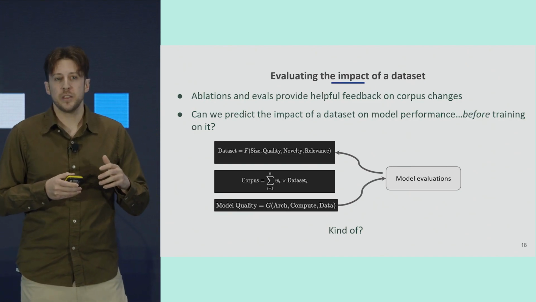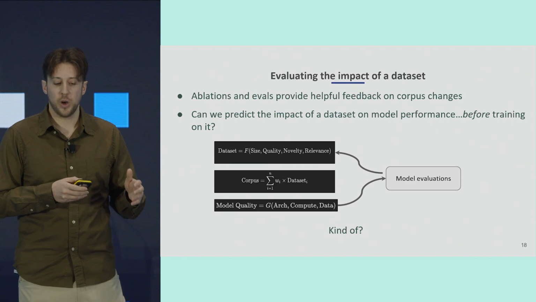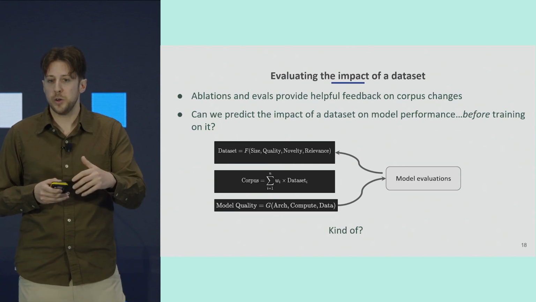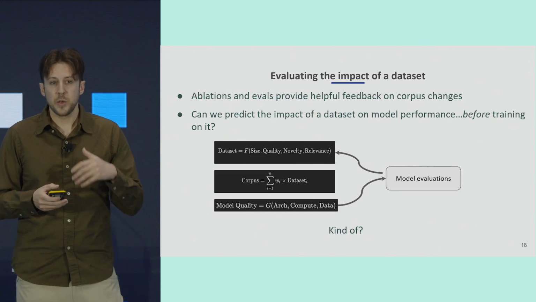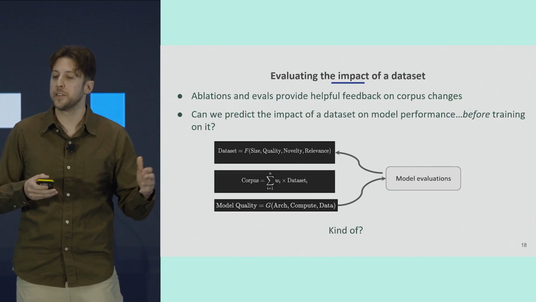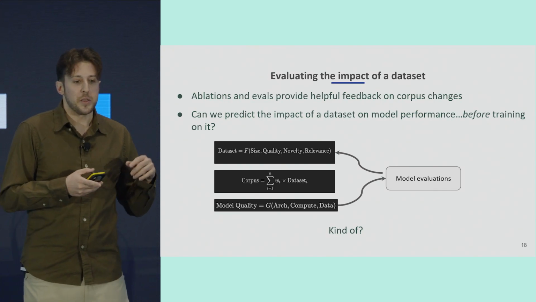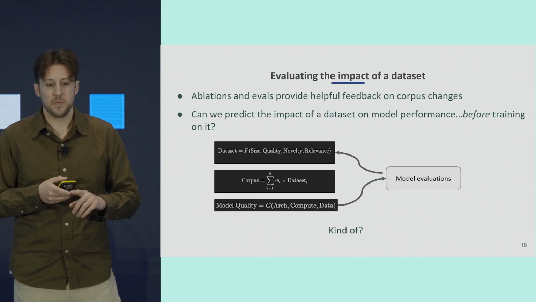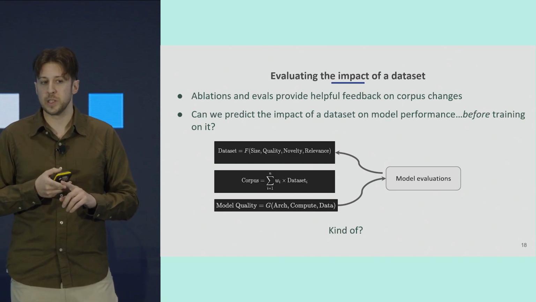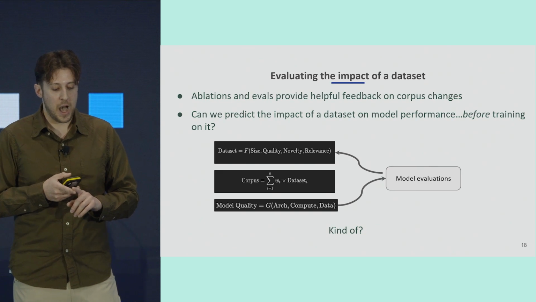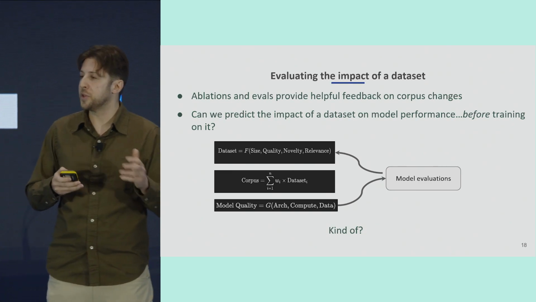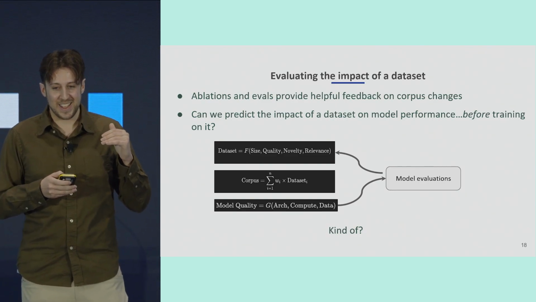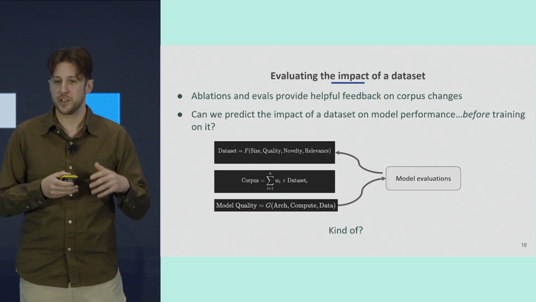You're pretty limited by what you can learn at smaller model sizes. They're not necessarily large enough to absorb all the information available in your data. So the behavior might not scale from 1B to 7B to 30B, 100B. There are some non-linearities, things that you can't really predict, some interaction effects. And then also, of course, we're in a compute-limited environment, so you can't test every single micro configuration change that you'd like.